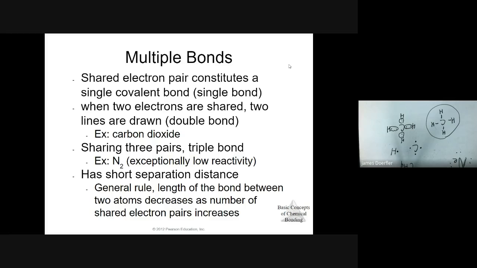Does it have its 8 yet? Not yet. So finally, we've got these electrons who can say, I can come make it work. So now they come out here. And so now we've got this.